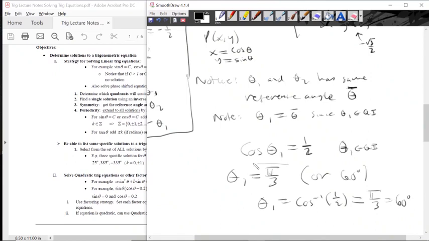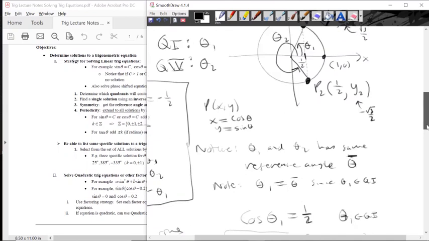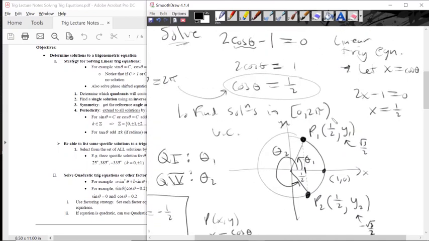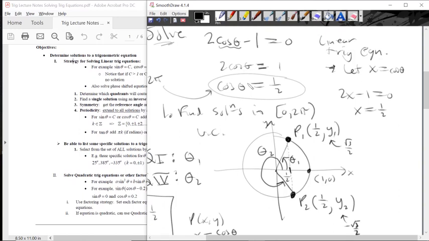Okay, so we already have one solution. We have found one solution to the original equation. Now, how many solutions does this equation actually have? Consider the cosine wave. If we were to graph the cosine wave, do a little sketch of that.